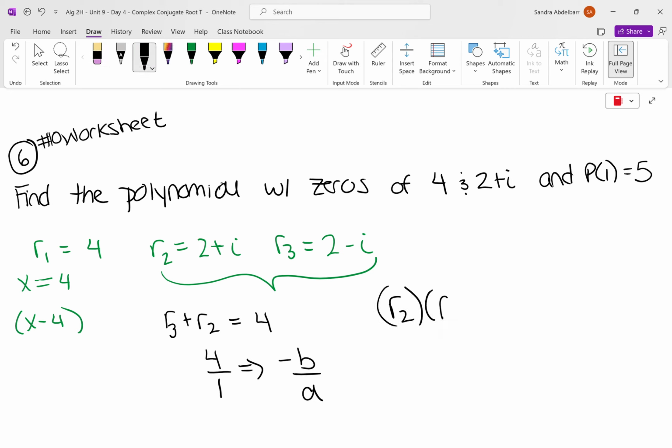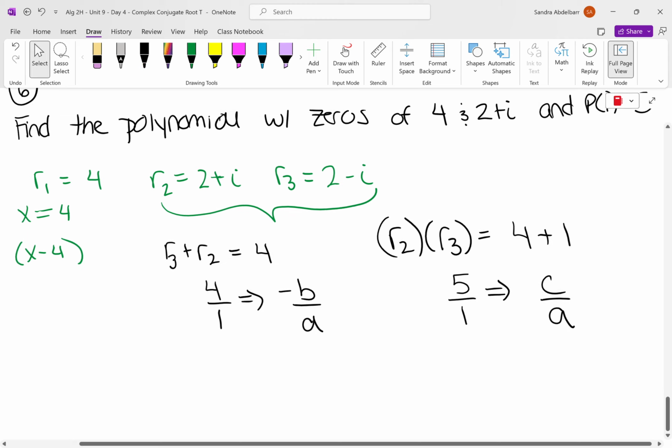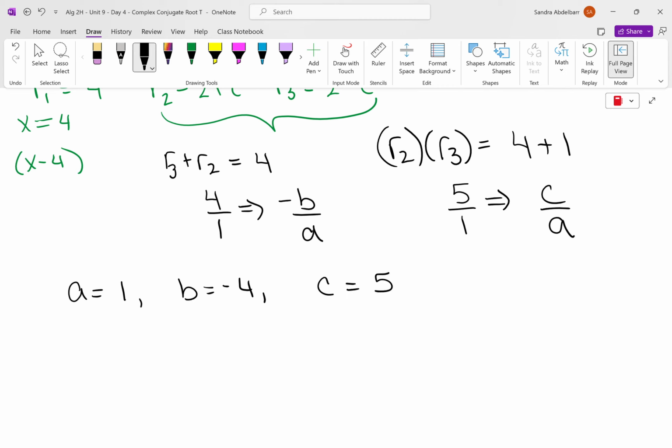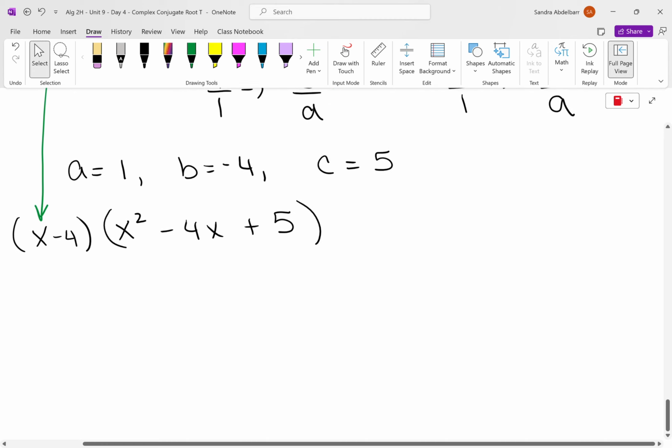I did root 1 and root 2. Root 3 and root 2. There we go. Root 2 times root 3 is going to give me 4 plus 1. So that's going to be 5 over 1, and that's c over a. So my a is 1, my b is negative 4, my c is 5. So we are at x squared minus 4x plus 5. What am I going to do with the two factors?